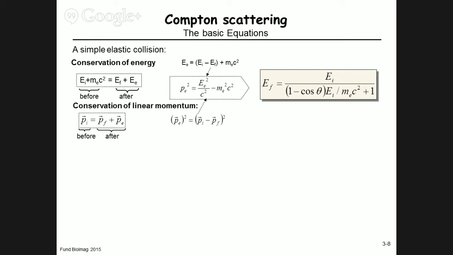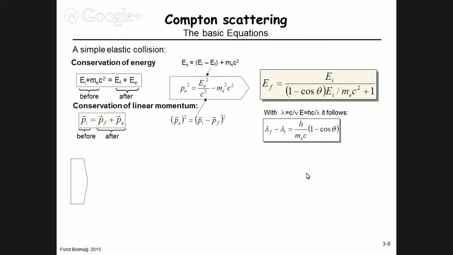But now we get the relationship between the energy of the photon after the collision related to the energy of the photon before the collision, and here comes the term cosine theta, which depends on the deviation of the angle. If we express this in terms of wavelength, which sometimes is done, then the wavelength of the photon after the collision minus the wavelength before the collision is expressed by this relationship with Planck's constant. So that's another way to express it.